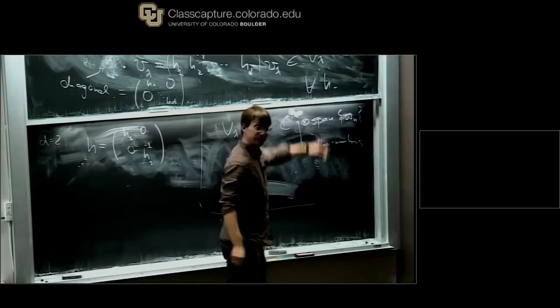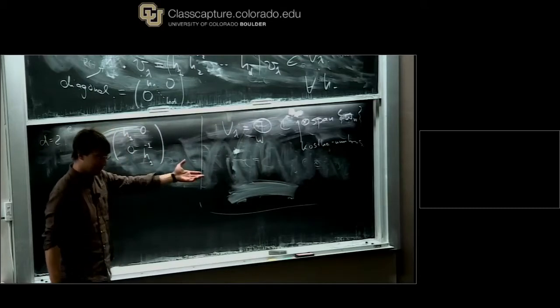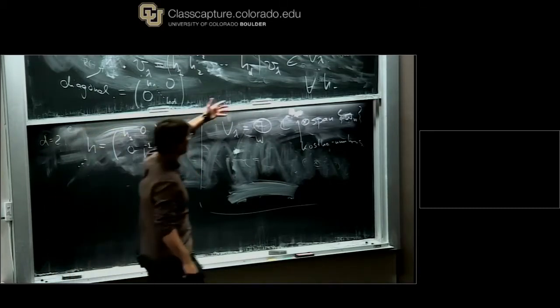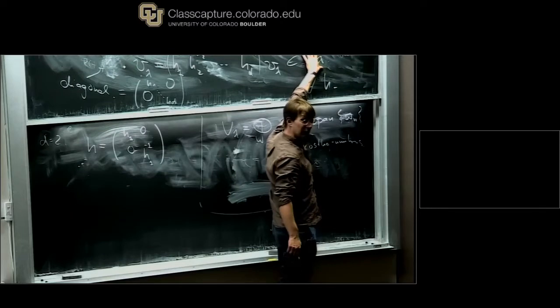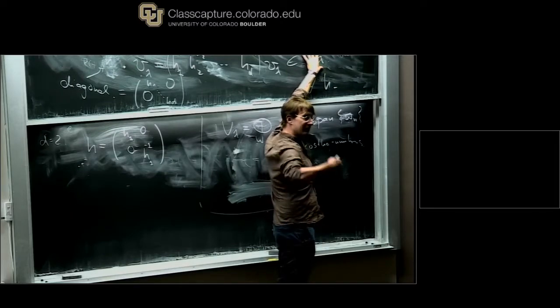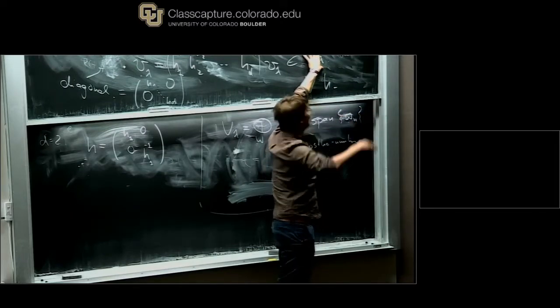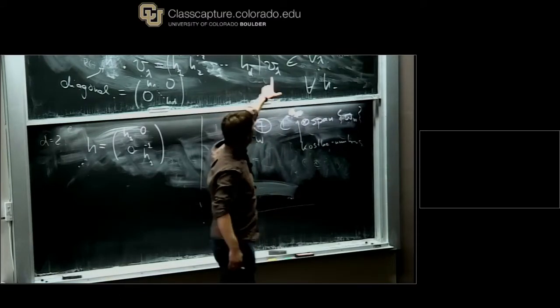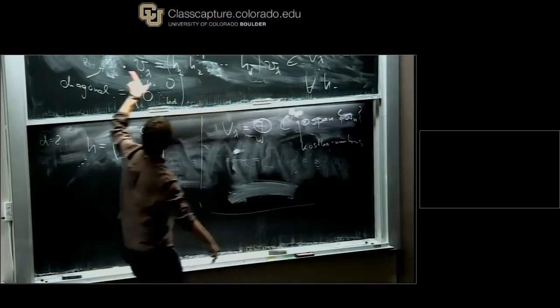So for every lambda, I can find some irreducible representation V lambda, which has a highest weight vector, little v lambda, and in particular it transforms in this way.